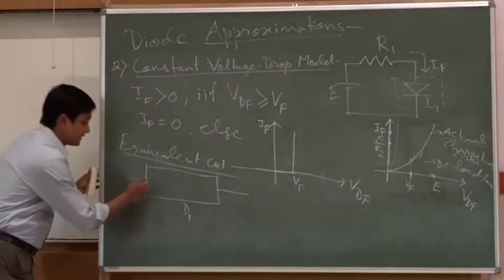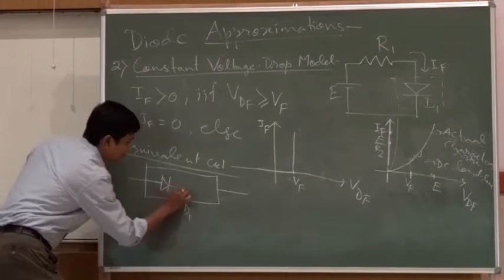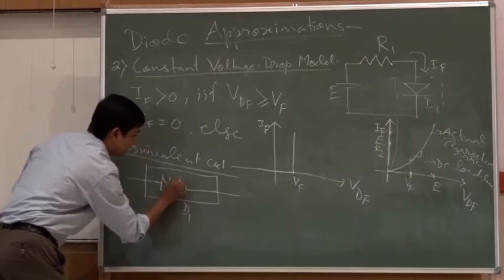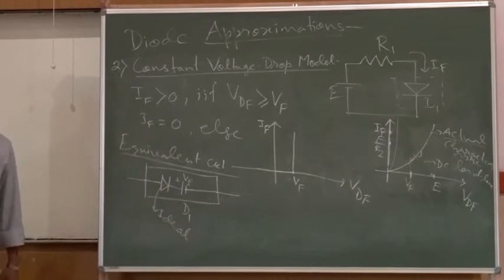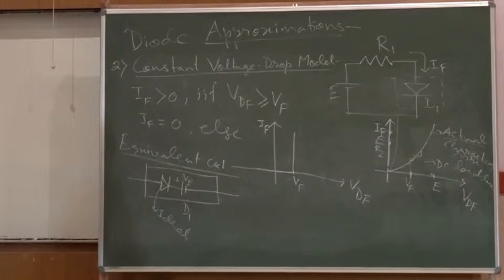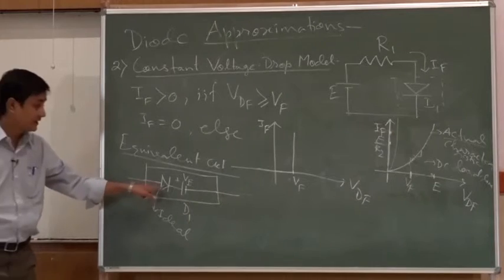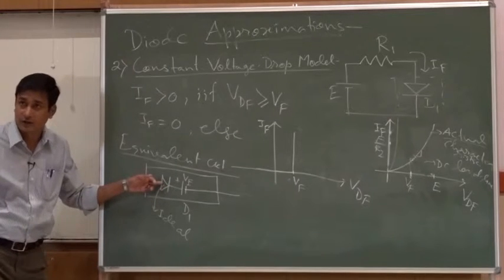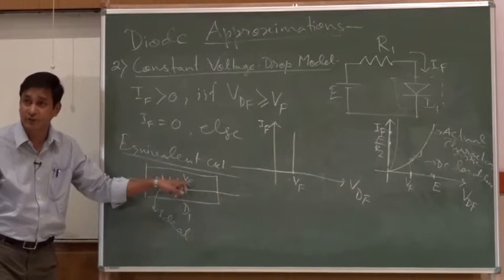So, if I represent it in terms of ideal characteristics or ideal diode, if current goes beyond 0, this diode may become short, but because of this potential here, which is behaving as plus minus Vf voltage here.